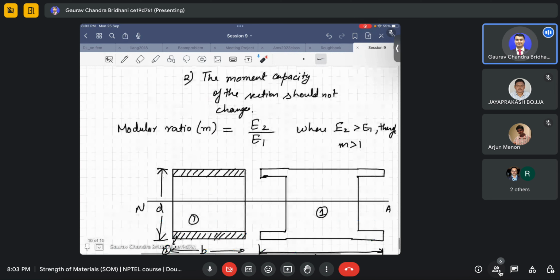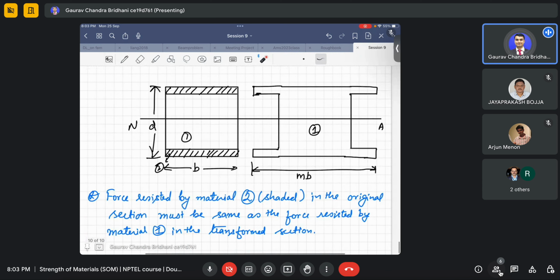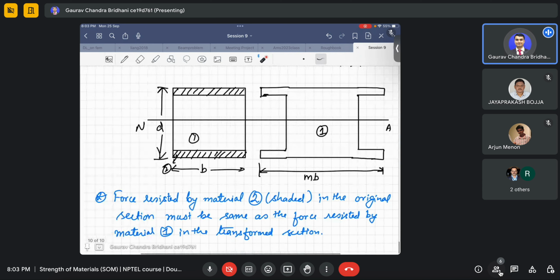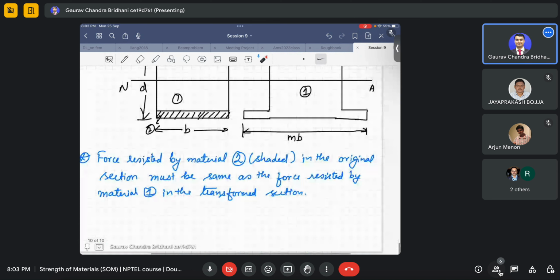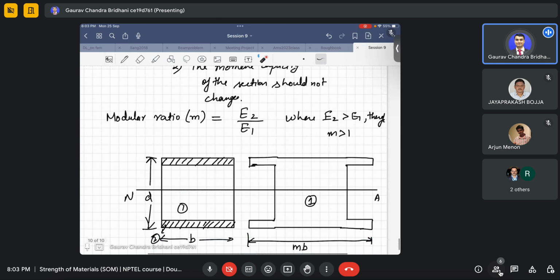So I am satisfying both conditions: the neutral plane will remain the same in the original and transformed section, and second, the moment capacity or resisting capacity of the beam cross section will remain the same in the original and the transformed section. So in this problem we can find m very easily, we know E1 and E2, we can find m, and once we find m we can transform it in this fashion as I showed.